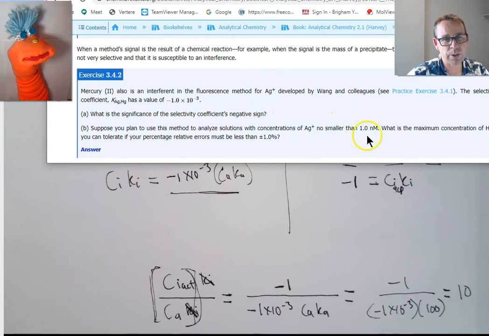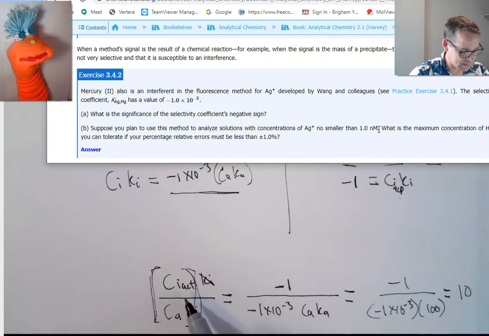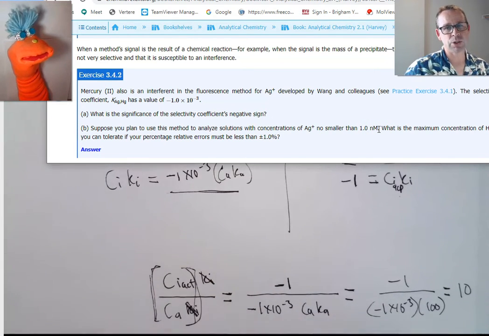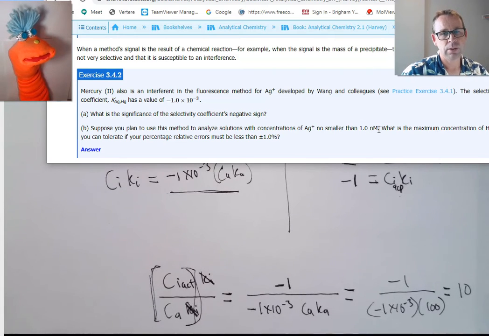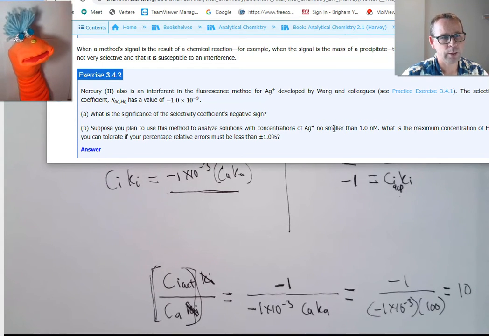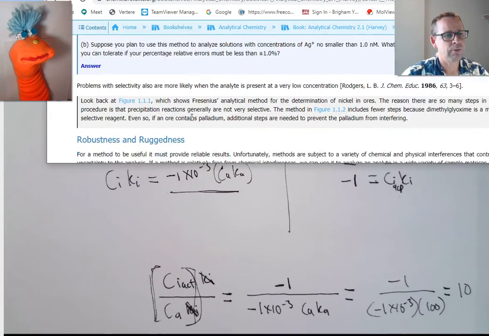In this case, we're measuring 1 nanomolar. So that means that our acceptable concentration here is 1 times 10 to the minus 8, or 10 nanomolar. Okay, very good.